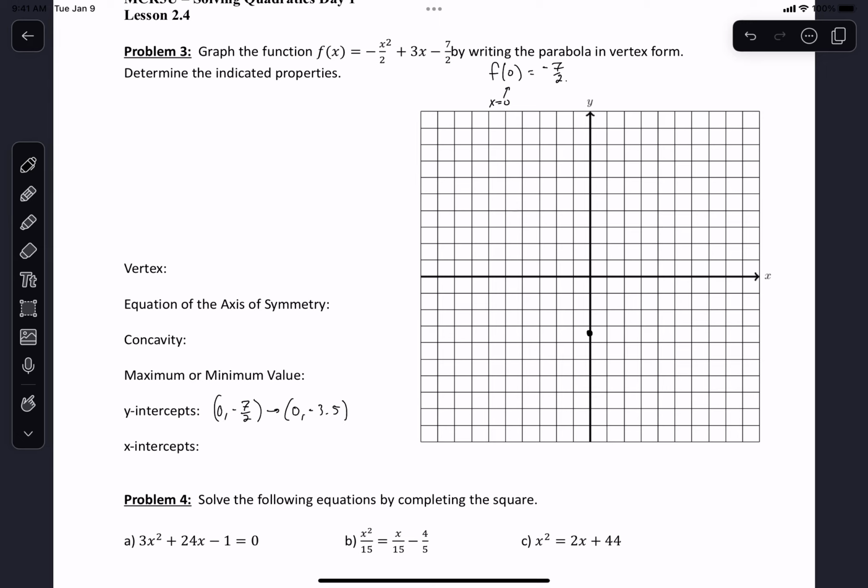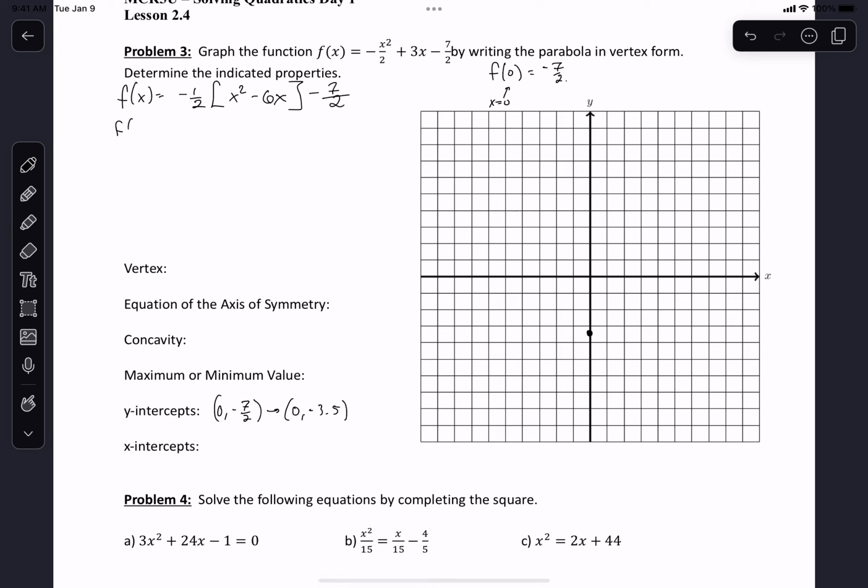Okay, so f of x is going to equal, I'm going to factor that negative 1/2 out. So it's negative 1/2, open up a square bracket, we get x squared. When I divide 3 by negative 1/2, I'm going to get minus 6x, close that square bracket, and then minus 7 by 2.